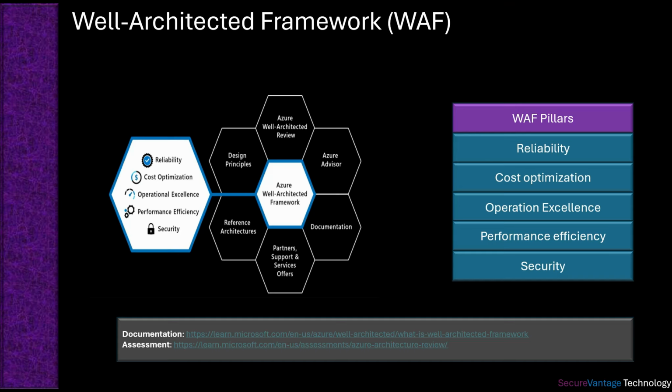Let's unpack a bit what is included in each pillar. In the reliability pillar, you will ensure the application can recover from failures and continue to function. Key practices employed in this pillar are designing for high availability and disaster recovery, implementing backup and restore strategies, and performing regular testing to ensure resilience.